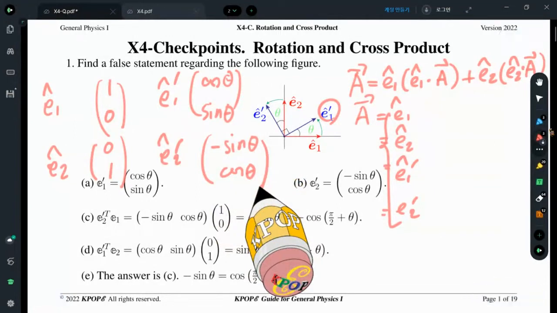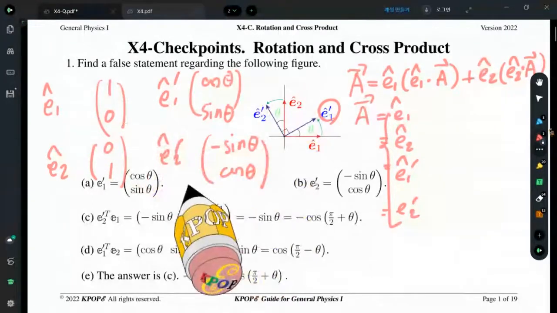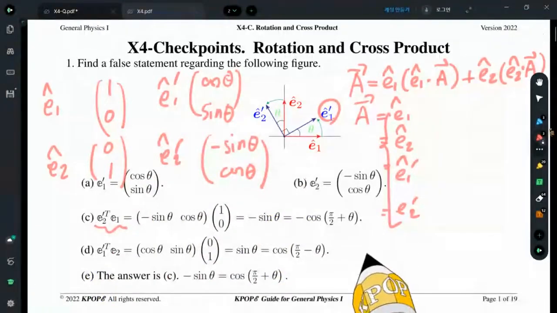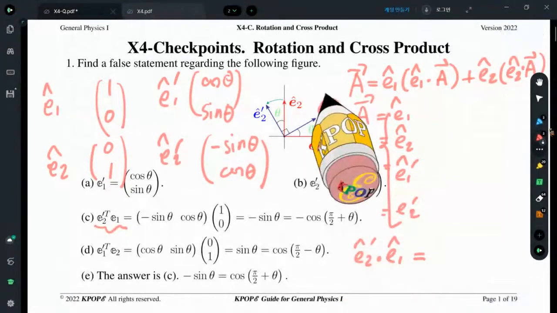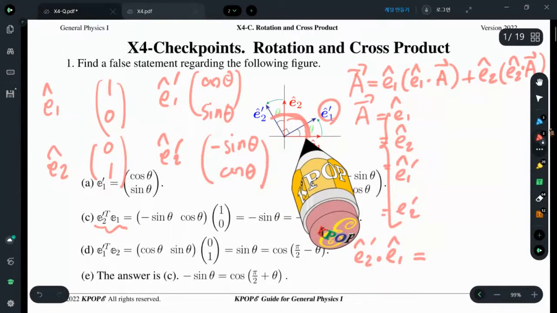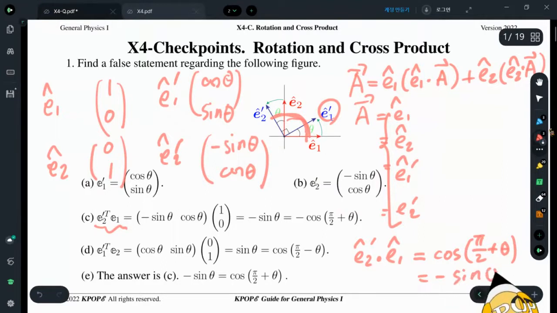Okay. So using these components, we can compute the scalar products. So for example, E2 hat prime dot E1 prime. One can compute this one by this angle. This is a cosine. This is a minus sine theta.